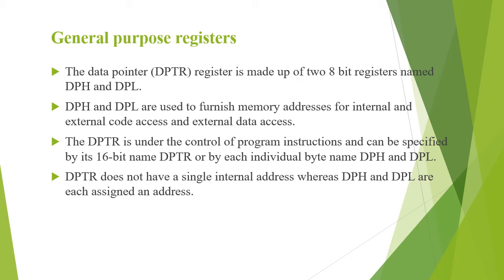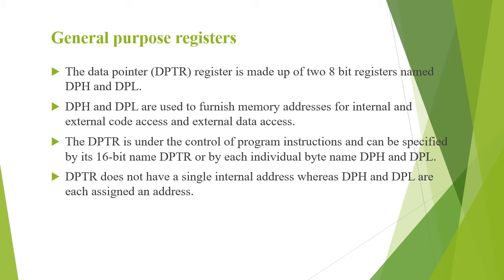Data pointer register. It is another general purpose register of 16 bits. It is made up of two 8-bit registers named DPH and DPL, that is data pointer higher byte and data pointer lower byte. Both of them are used to furnish memory addresses for internal and external code access and external data access.